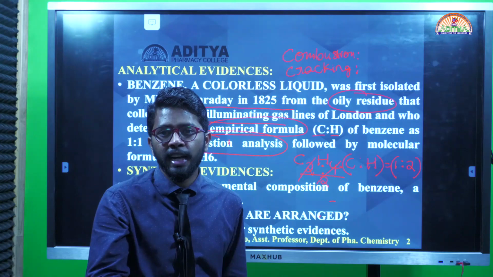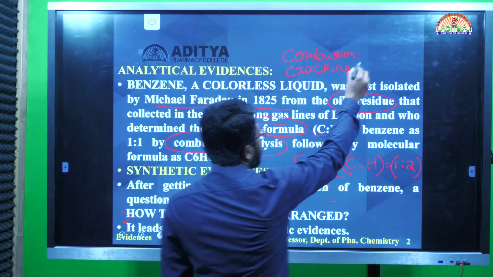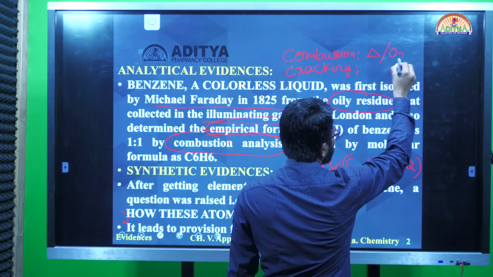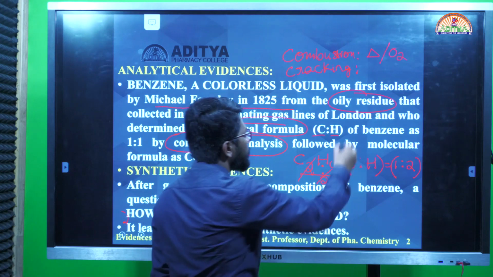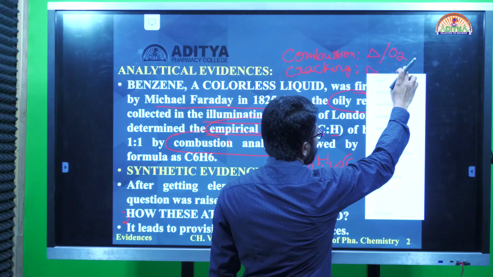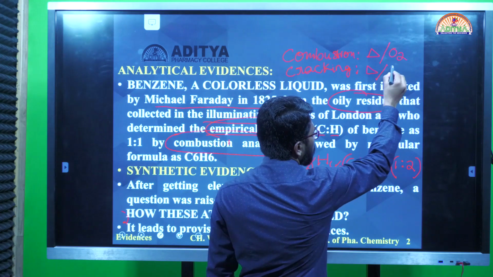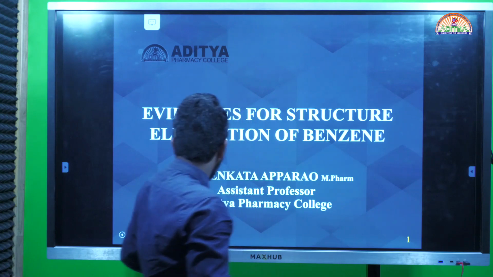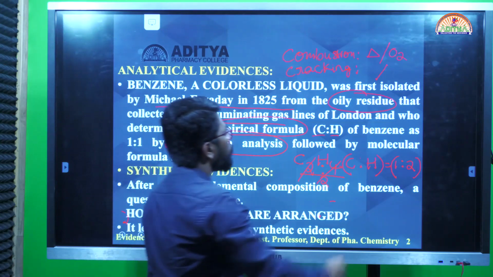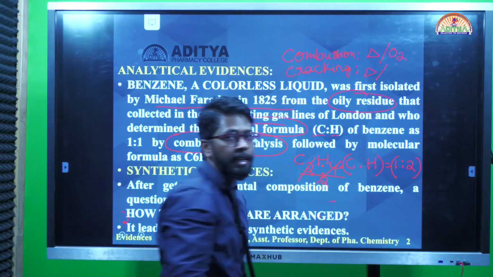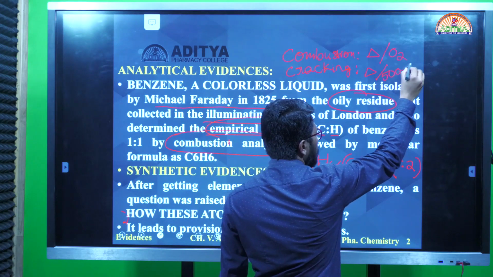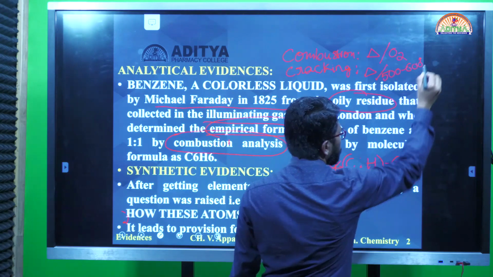Combustion is the heating of an organic compound in the presence of oxygen, whereas cracking is heating the sample in the absence of oxygen, at higher temperatures in the range of 500 to 600 degrees centigrade.